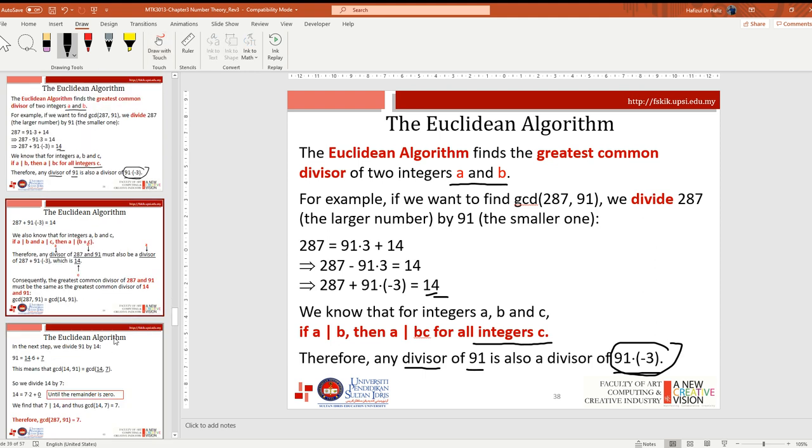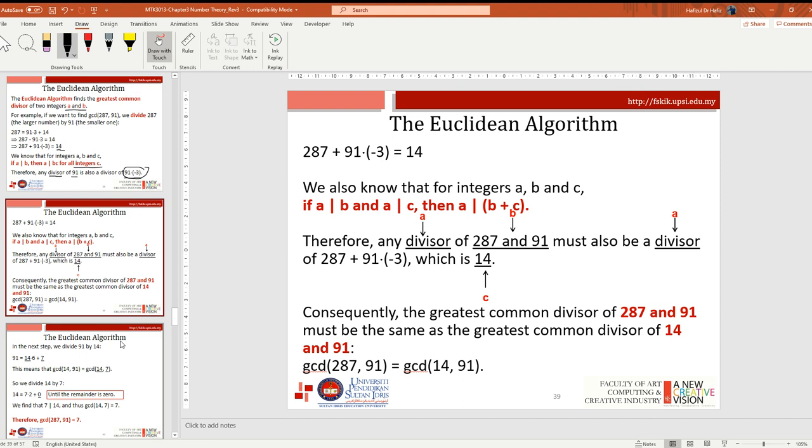Okay, and then we got the algorithm to represent the Euclidean algorithm: 287 plus 91 multiplied by negative 3 is equivalent to 14. We also know that for integers a, b, and c, if a can be divided by b and a can be divided by c, then a also can be divided by b plus c.